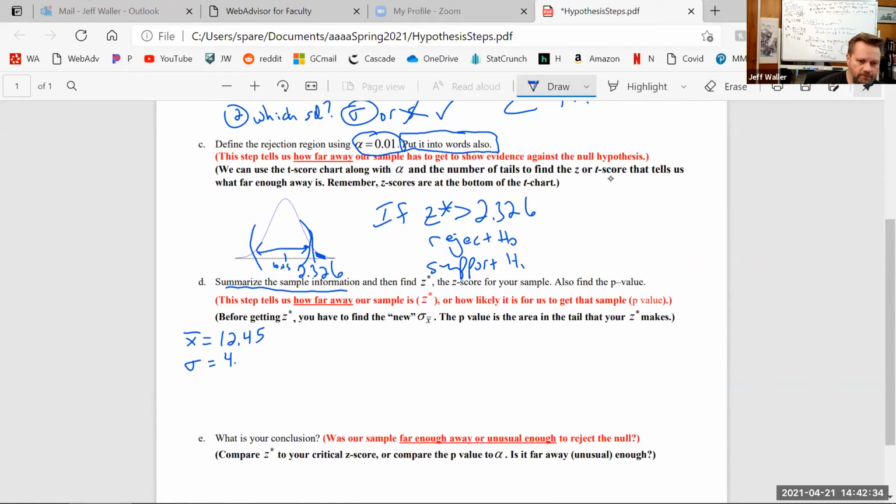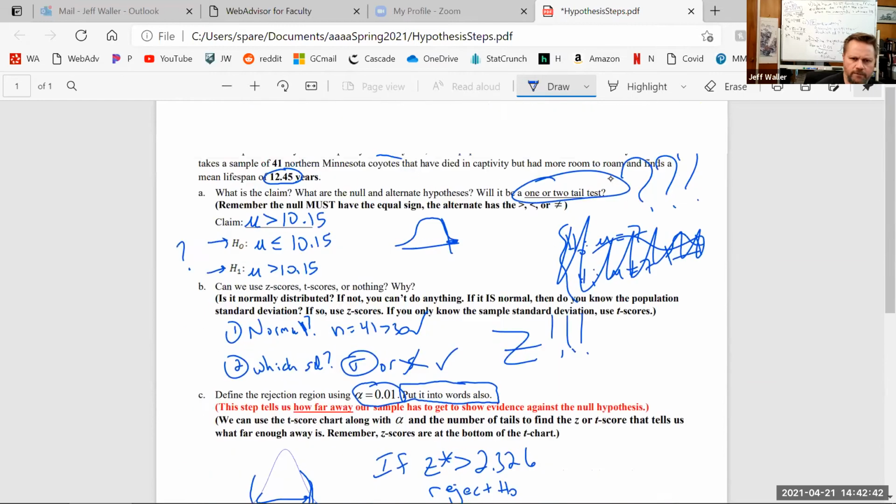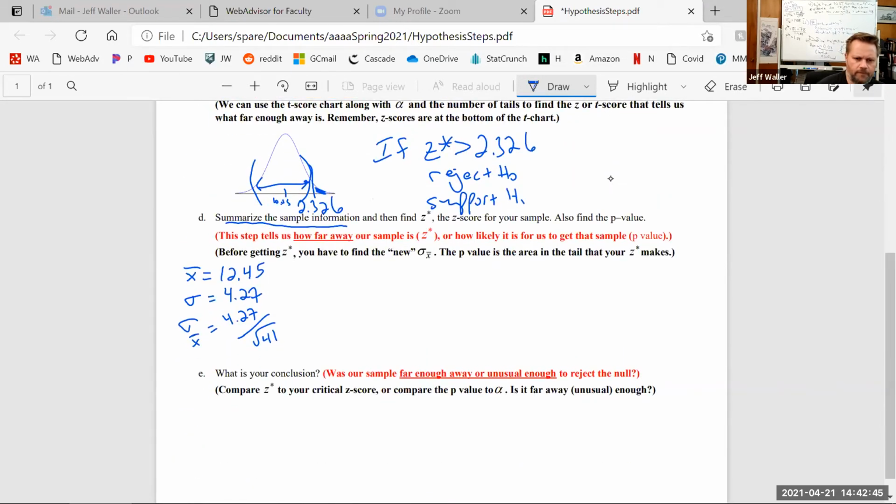And of course, we always need the standard deviation that works for groups of size, in this case, 41, right? So whatever this is, I would say about 0.6. 0.667. Oh, cool. All right. 0.667. Everybody with me so far?